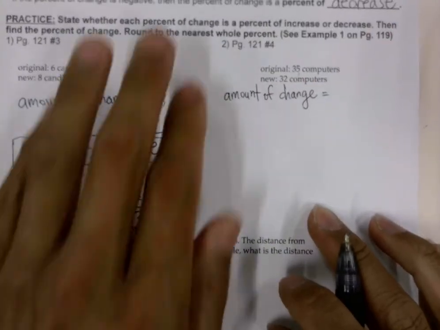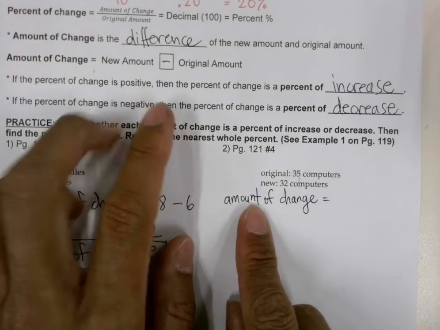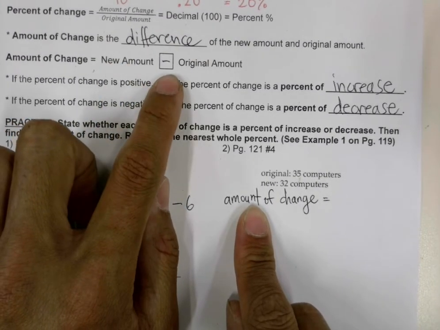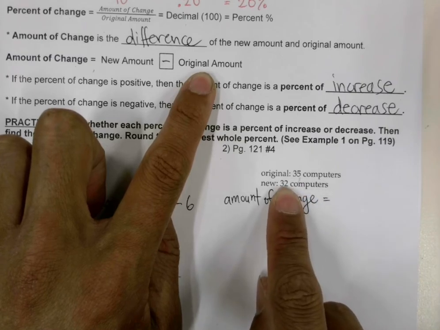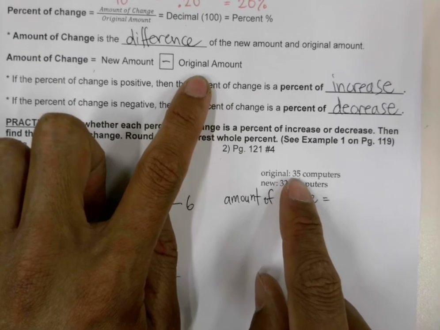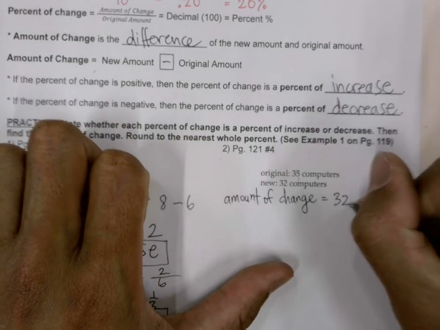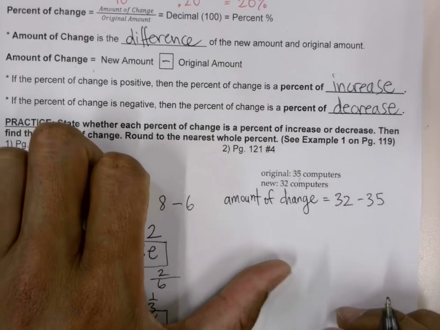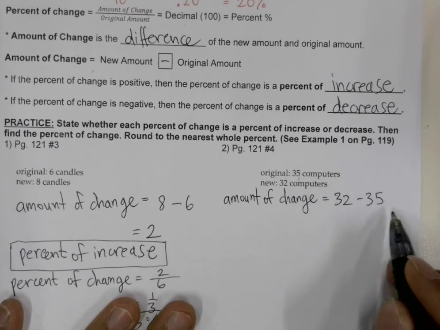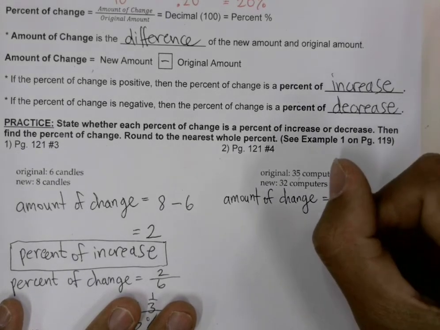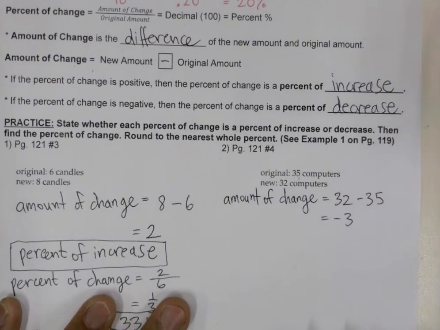Following the formula, the amount of change is the new amount minus the original amount. New amount is 32 minus the original amount, 35. So after we do the math here, you'll see we'll have a -3. Right? So it's going to equal -3.